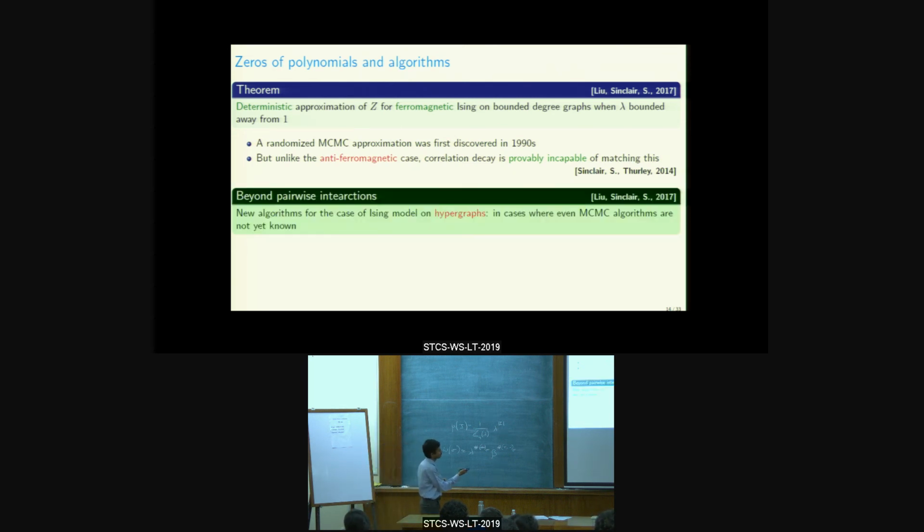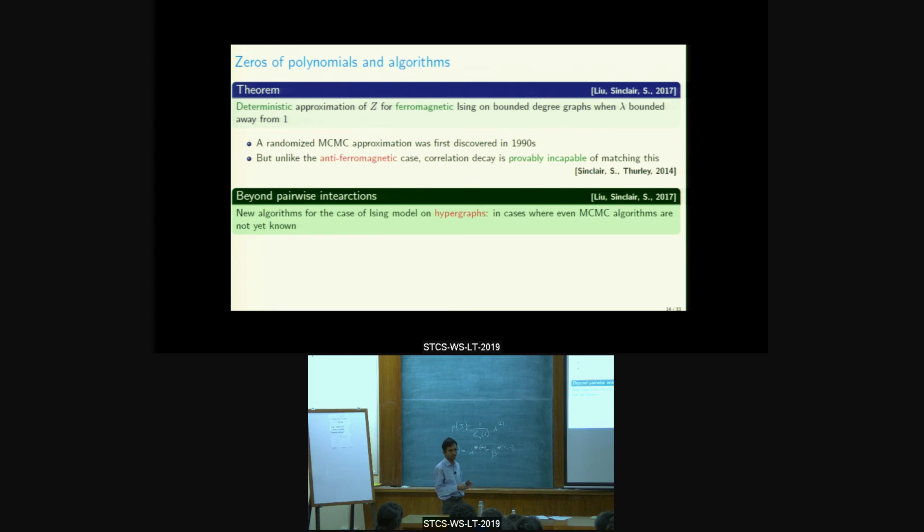However, what the method that I'll show you can do is that it can also be generalized rather easily to hypergraphs. So we saw this Ising model which had pairwise interactions. I said that one can also look at higher order interactions, and this algorithm does generalize to these higher order interactions. On the other hand, the MCMC based approaches seem to have a barrier for that.